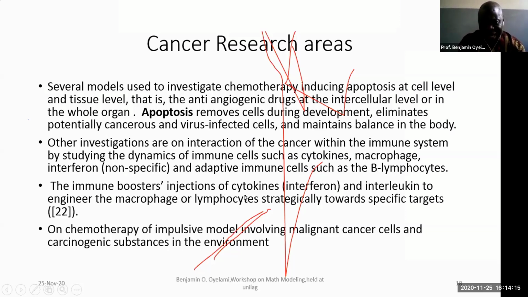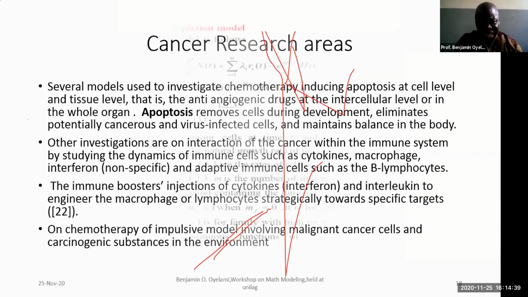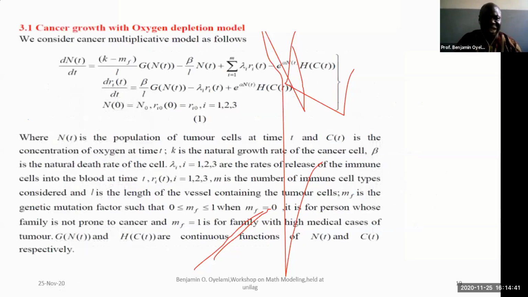Later, we'll discover, when we are going to talk about the introduction of drugs into the model, that we'll begin to study the model in relation to this drug function, which we can get by introducing some of these things to boost the immune system so that the body can easily fight off the disease, even in the case of cancer.